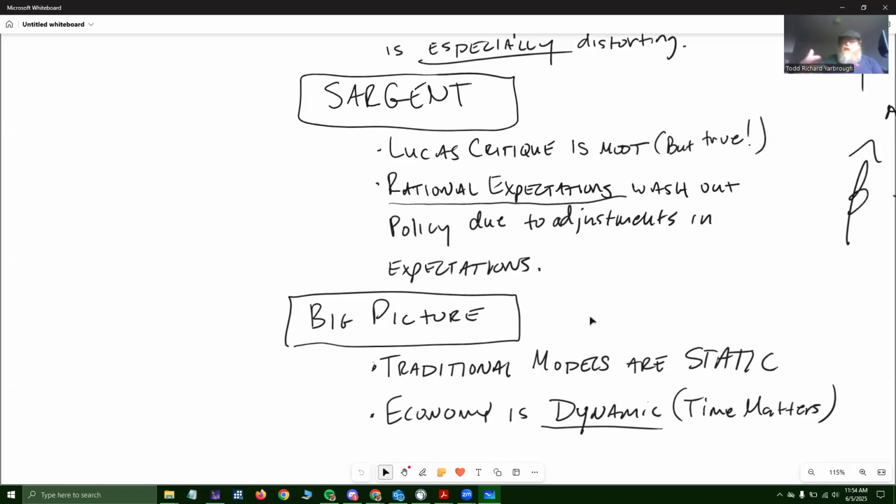And then in Sargent's world, through this rational expectations model, we get what we expect. And so you get the classic story here of inflation expectations creating a sense that inflation is going to happen. People alter their behavior, not only because of the expected inflation, but also because of the expected policy response to inflation. And that was a big thing, right?